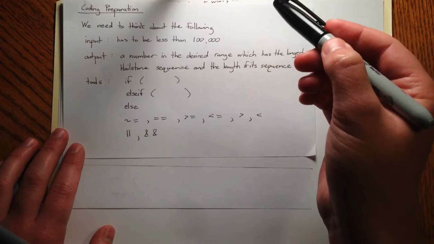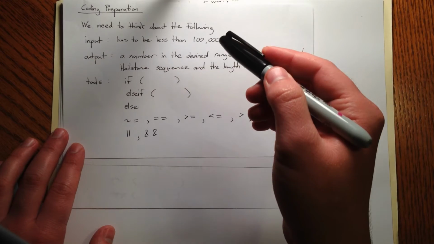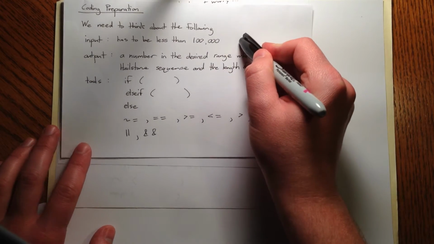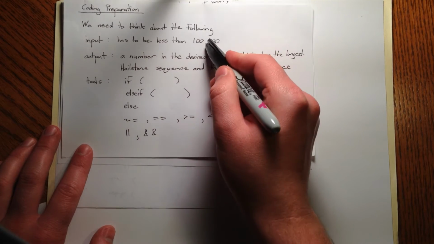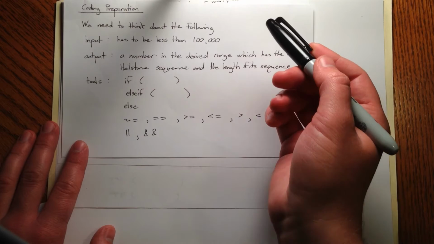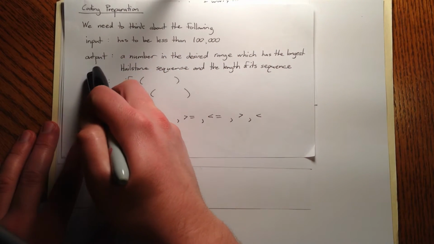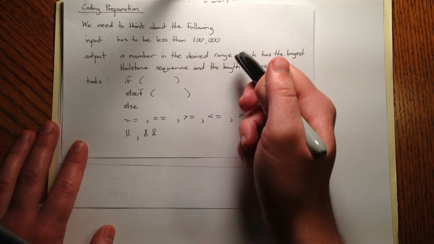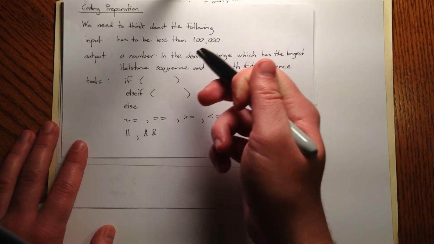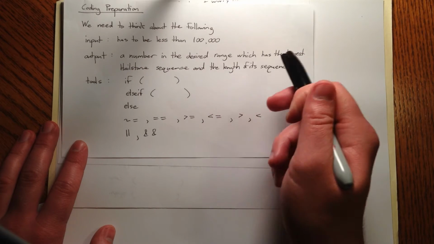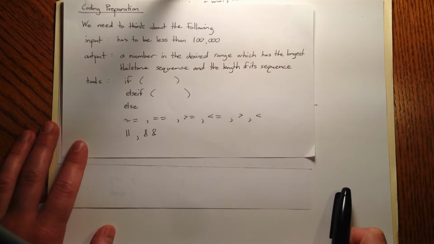Here we need to start at the smallest positive integer, which is 1, and I need to end at 100,000 for this problem. In terms of output, in that range, we need the largest Hailstone sequence, so that's a number, and then we need the length of its sequence.